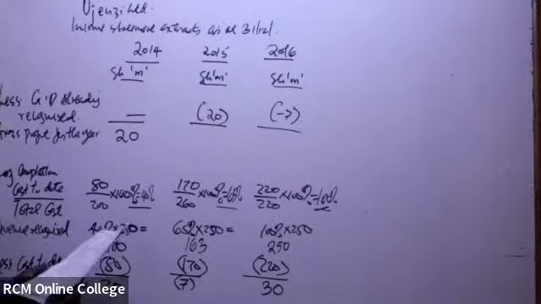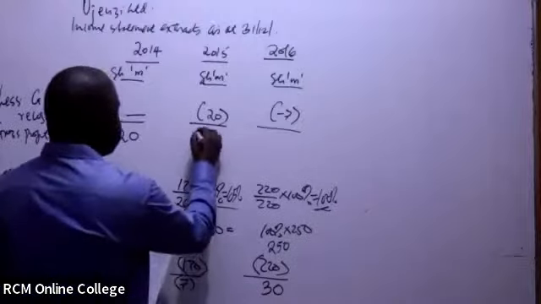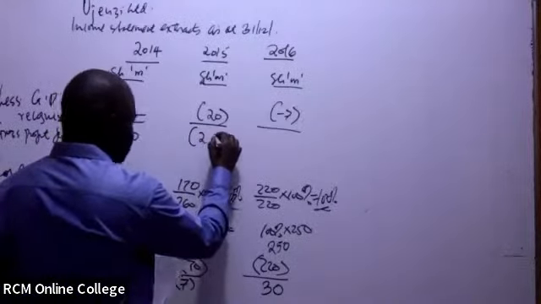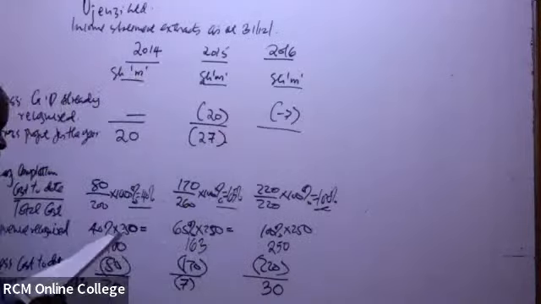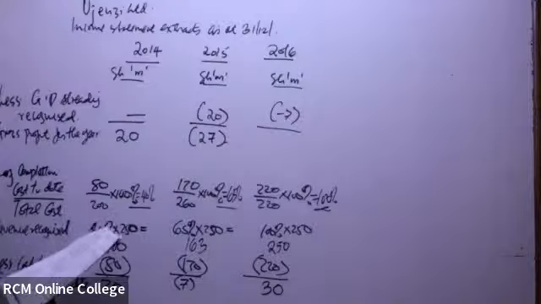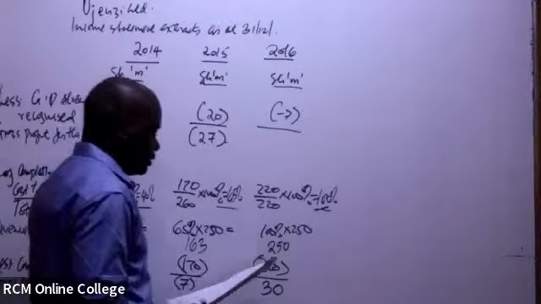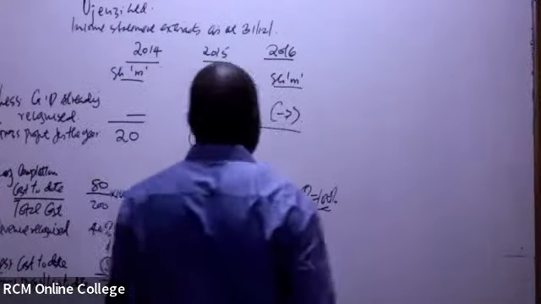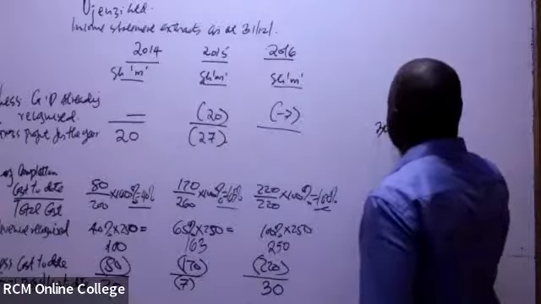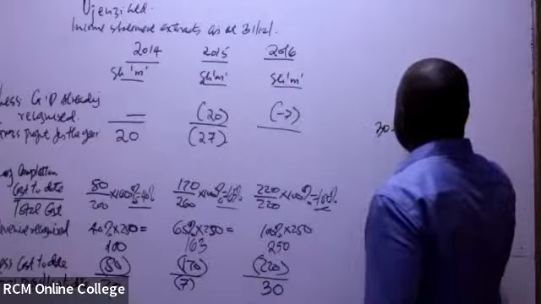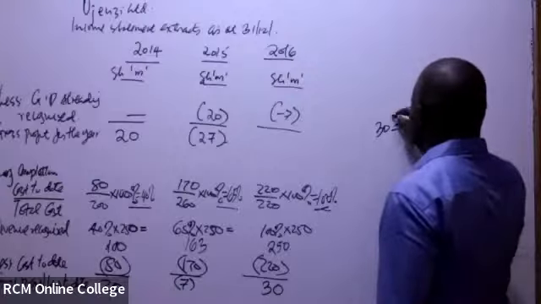We minus again 20, which gives us a further negative, and it comes to negative 27. Then on this other one, it will be 30 minus minus 7, so it becomes a positive.